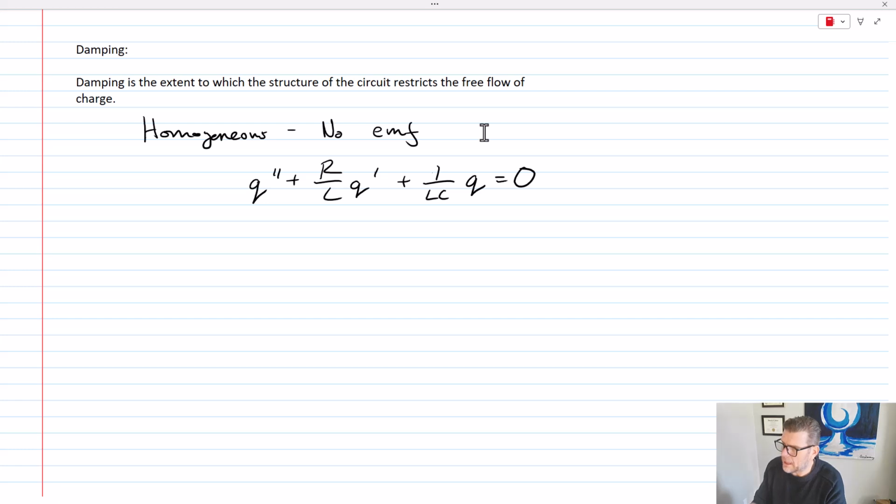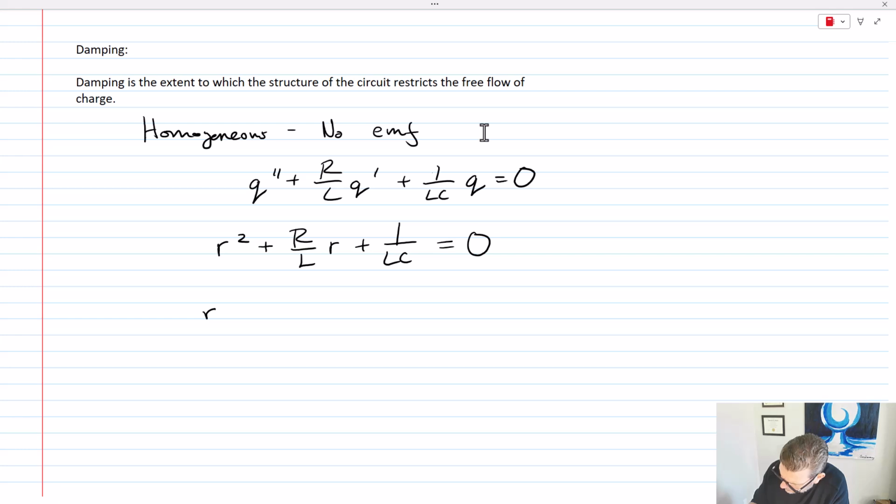Because R and L and C are all constant coefficients, and in fact are positive coefficients, this actually tells us that we can use our constant coefficient method for homogeneous differential equations. So what we're going to do is get an auxiliary polynomial of r squared plus R over L r plus 1 over LC, and we're going to set that equal to 0.